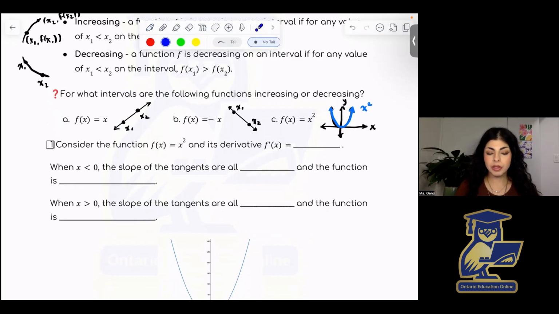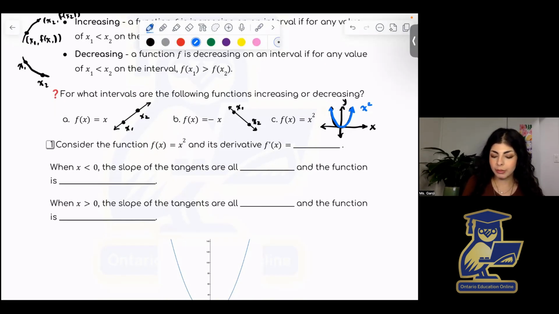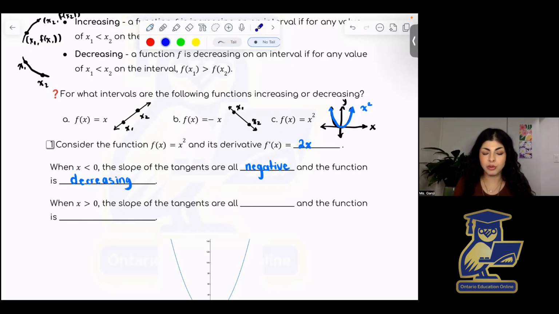So considering the function f of x is equal to x squared, and its derivative now using power rule is 2x, then when x is less than 0, the tangents, which are given by this value, are all negative. And so the function is decreasing. And we can actually see that just from this curve that I've drawn here.